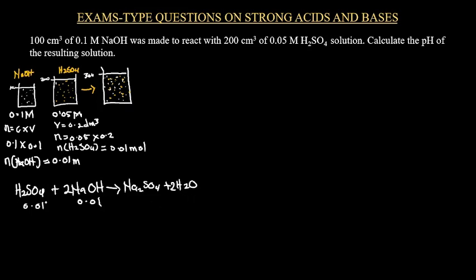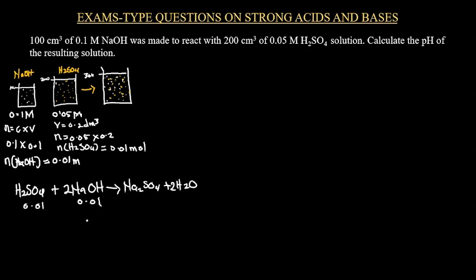Now at equilibrium, the mole ratio between sodium hydroxide and H2SO4 is 2 is to 1. What it means is that when we have the full 0.01 mole of sodium hydroxide reacting, we are going to use half that mole of H2SO4 to give us the product.